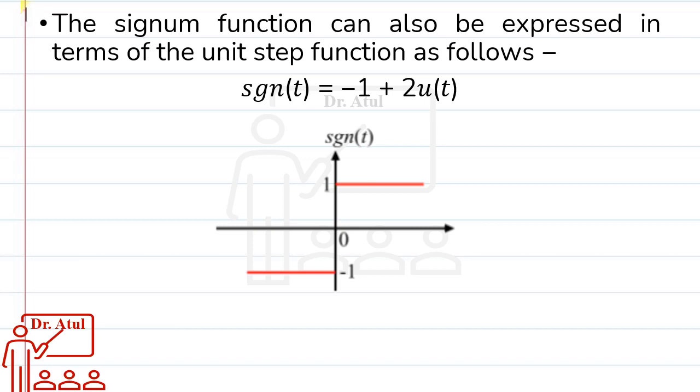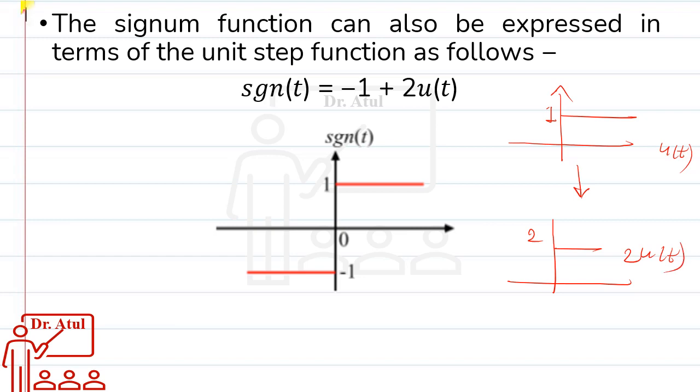We can also represent it with the help of u(t). If I have u(t) and multiply it by 2, it becomes 2u(t), and if I take a minus 1, then minus 1 plus 2u(t) results in this signal.